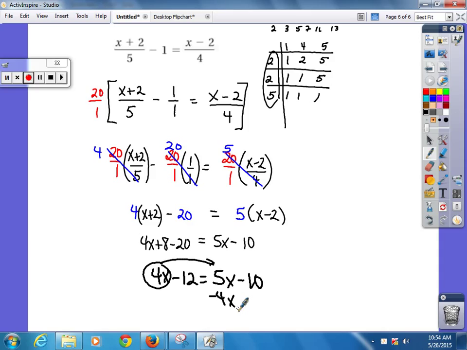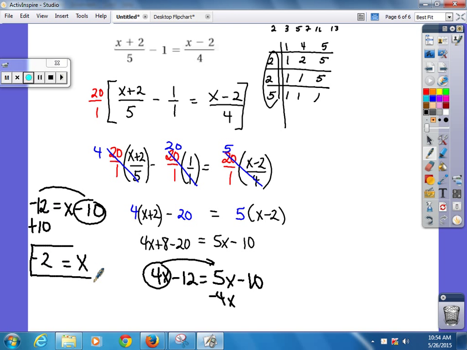Have a heart attack because you put the x on the right hand side. I don't know why you have a heart attack, but x minus 10 brings the 10 over. x is equal to negative 2.